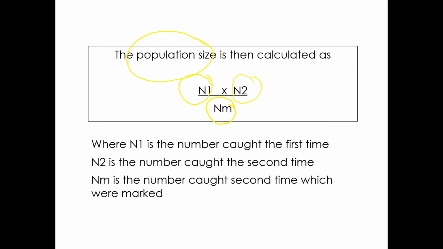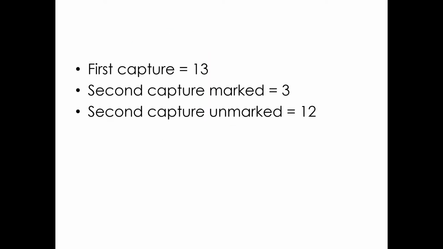So in the example of our mice then, let's apply our formula. You can stop the video here and give it a go. My first capture, my N1, that was 13, and I'm going to be timesing that by the total number in my second capture. Now this is often how the examiner gives the data because I could accidentally make a bit of a boo-boo, and some of you might have done that.